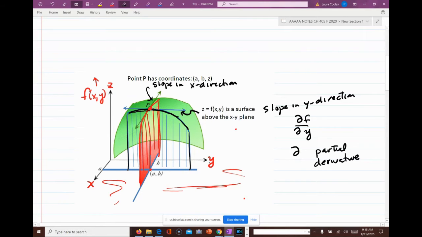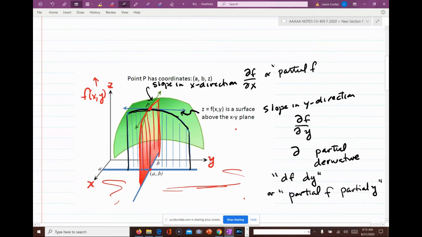We still say df dy, or partial f partial y, to remind you that there is another derivative as well, and that is the slope in the perpendicular direction, the slope in the x direction, which we would call df dx, or partial f partial x. Okay. All right.